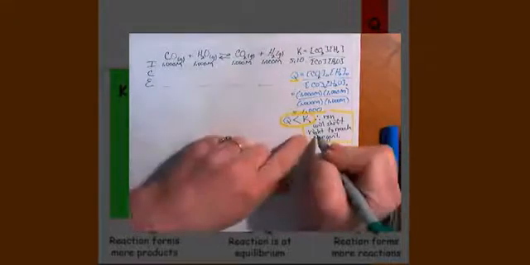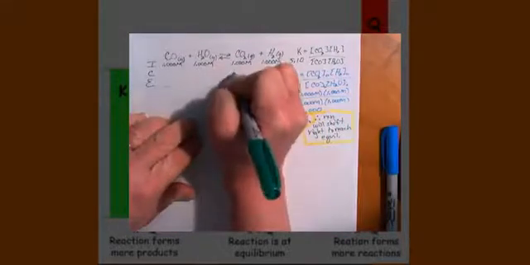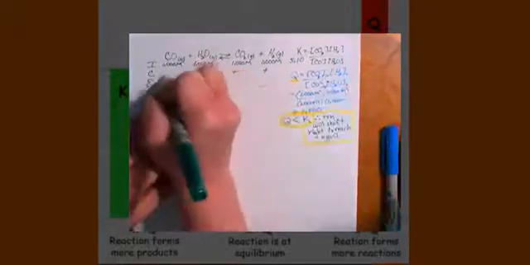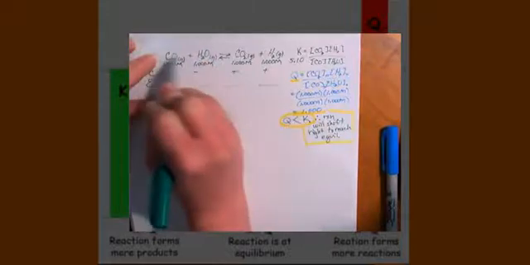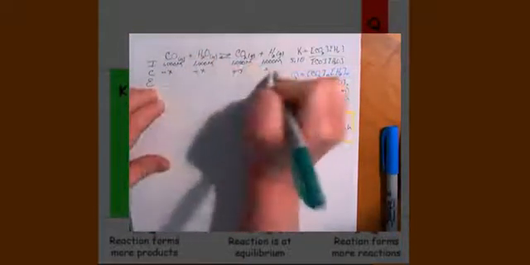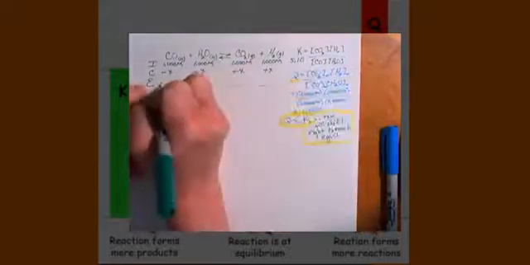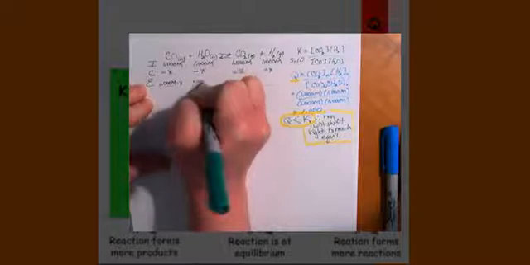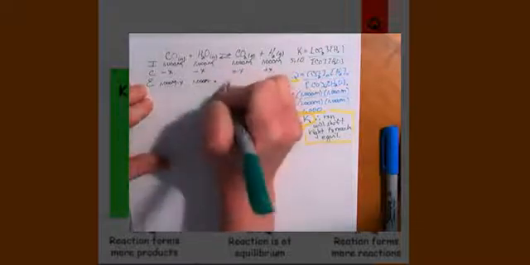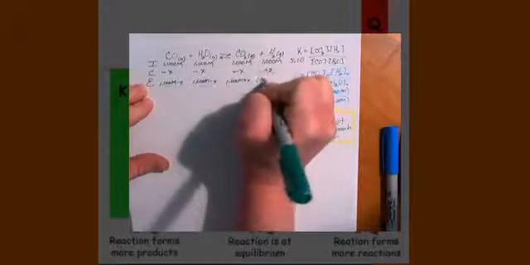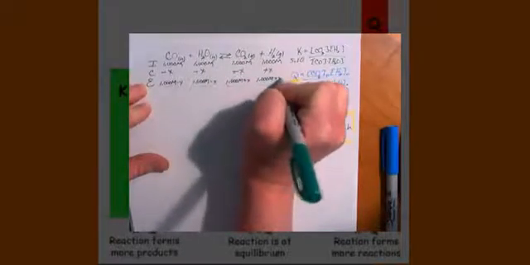So we are shifting right, so we know we are adding to the product, subtracting away from the reactant, and it's a 1-to-1 mole ratio. So minus x, plus x, plus x. So our E row, nice math cooperation, plus x and plus x.